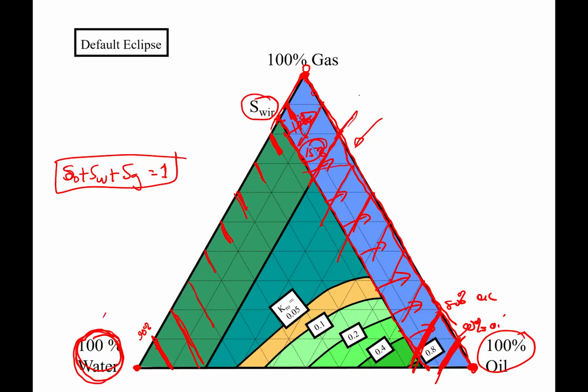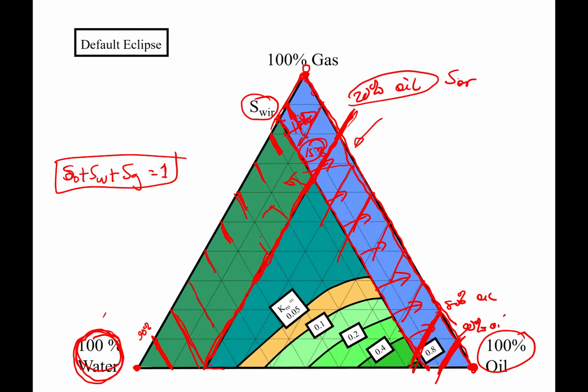So what happens here at 20% oil saturation? That's the lowest oil saturation you can have. You can't go lower than this. That's why you have that solid line there telling you this is what? SOR, residual oil saturation. But we don't really have a residual gas saturation.